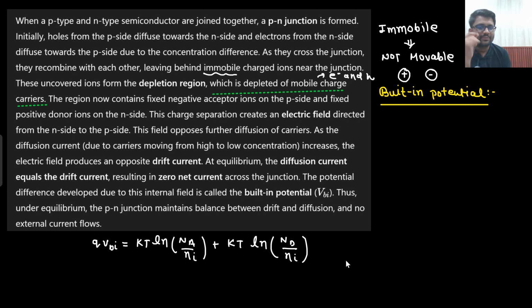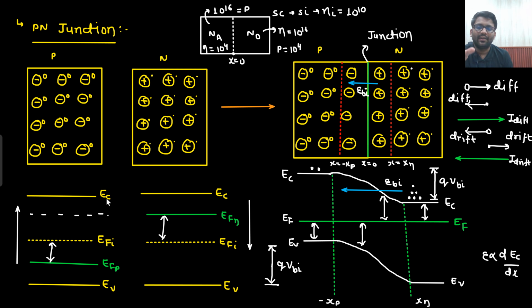This could have been derived with mathematics as well, and at most places they will derive it with mathematics, but we are going with the energy band diagram. I know that EFN would also move, EFP would also move, but what we are considering is that EFN stays as it is and EFP is moving. That means this gap plus this gap is how much they need to move so that EFP and EFN become one.